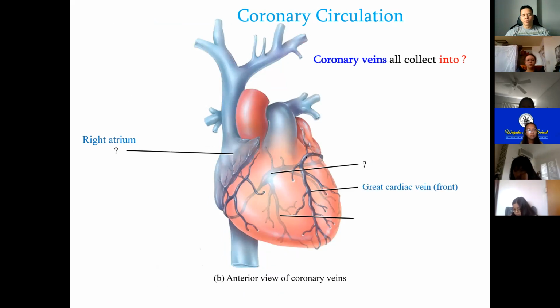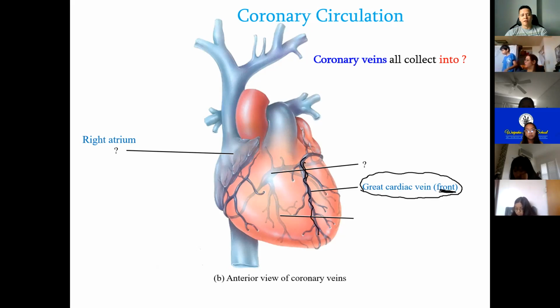Now, the major coronary vein that is running right next to the anterior interventricular artery is what we call the great cardiac vein. The great cardiac vein, which I pointed out for you here, is coming towards the front of the heart. So this is the one right over here.